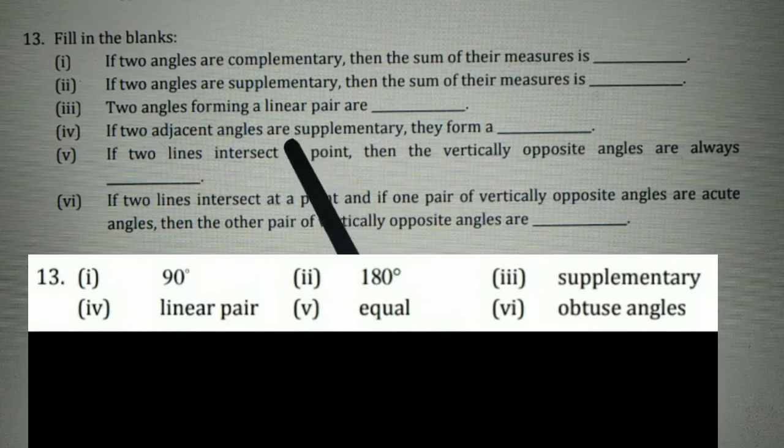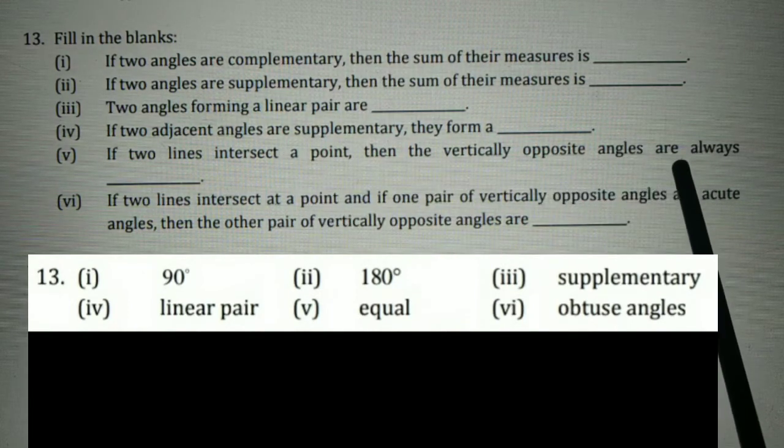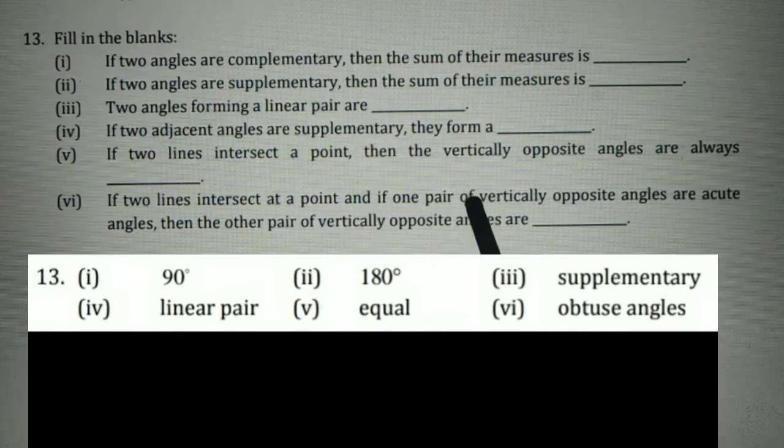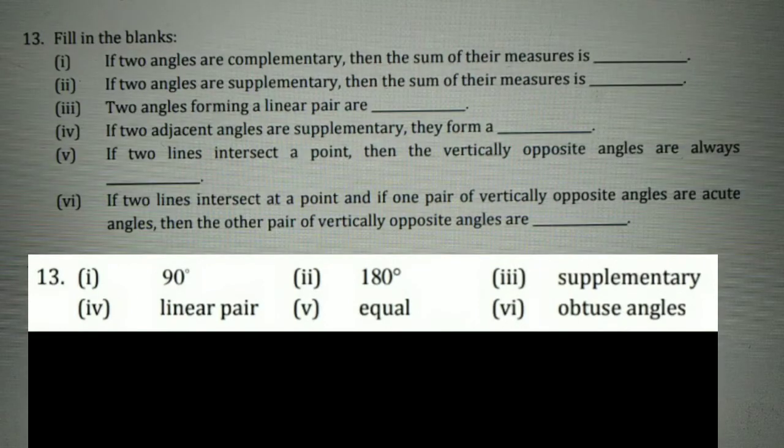Now, if two lines intersect at a point, then vertically opposite angles are always equal. Now, if two lines intersect at a point, and if one pair of vertically opposite angles are acute, obviously the other pair must be obtuse. Why?